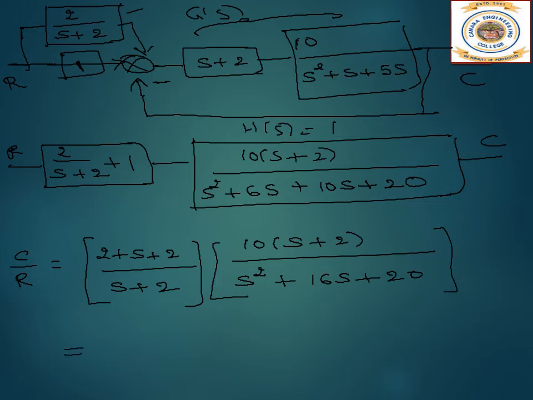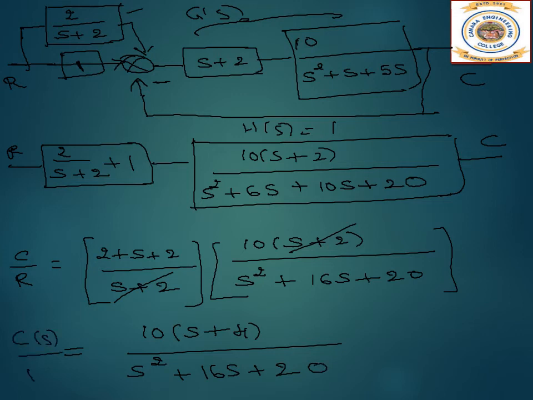So here s plus 2 and s plus 2 will cancel. This will become 10 into s plus 4 divided by s square plus 16s plus 20. This will be C of s by R of s.